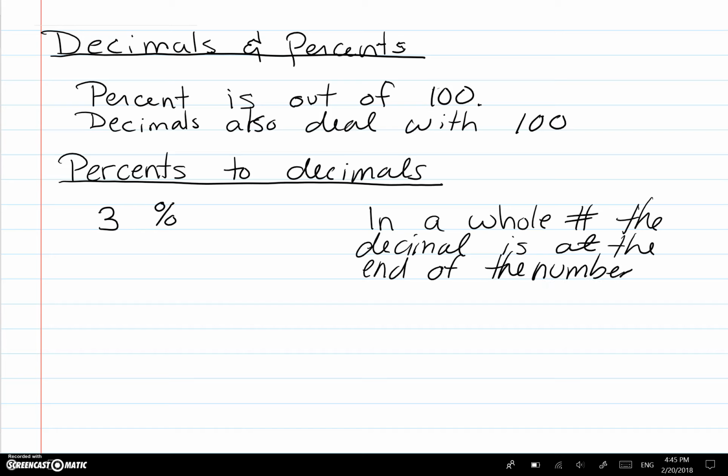So let's change the color of that. Let's make it nice green here. So there's my decimal. Now, remember how I said everything seems to deal with 100? Well, when I multiply by 100, I'm really just moving the decimal. So to go from percents to decimals, I'm going to move the decimal 2 places to the left.